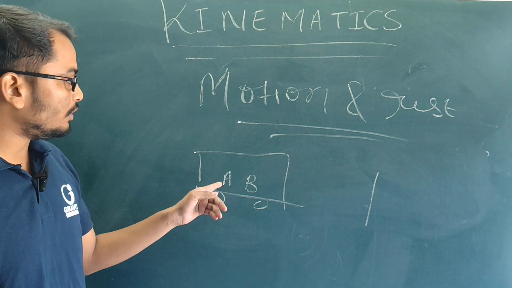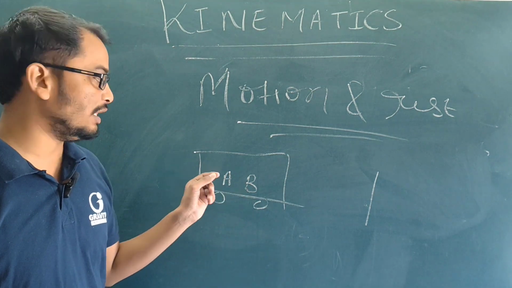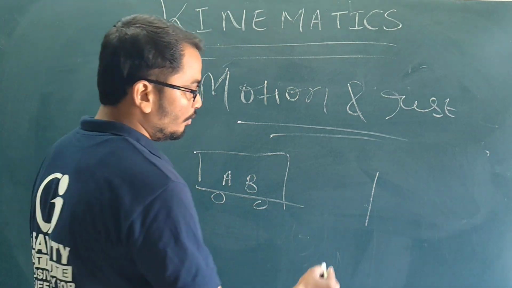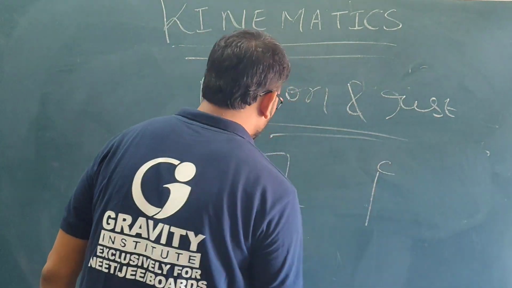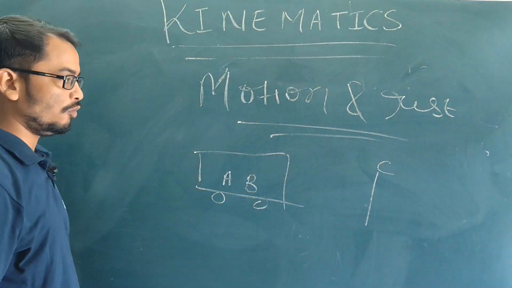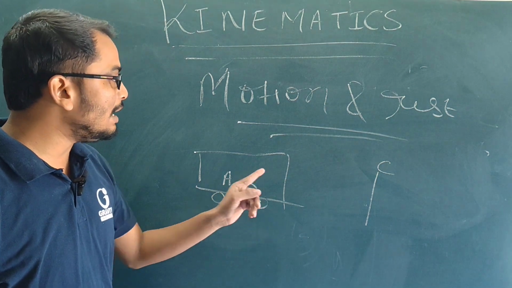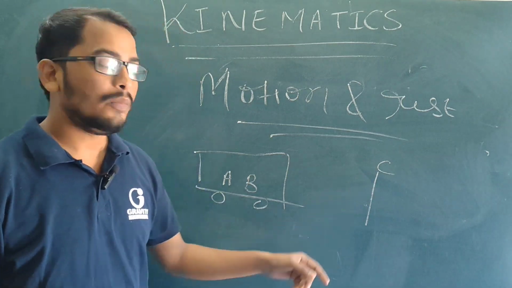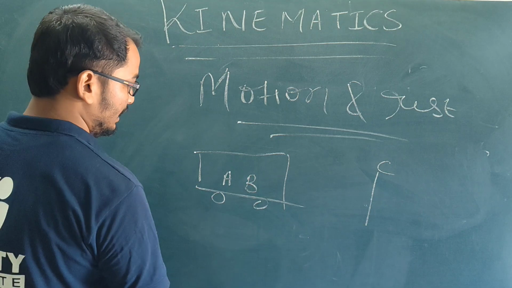So the position of B with respect to A is stationary, meaning B is not moving with respect to A. But if we see according to person C, then A and B both are moving. It means that A and B are in motion with respect to C, but A and B are at rest with respect to each other.